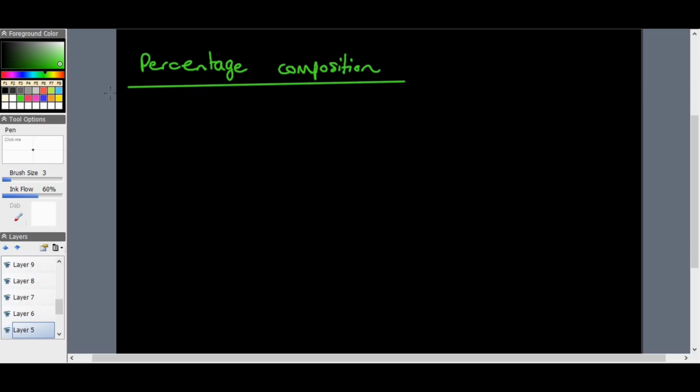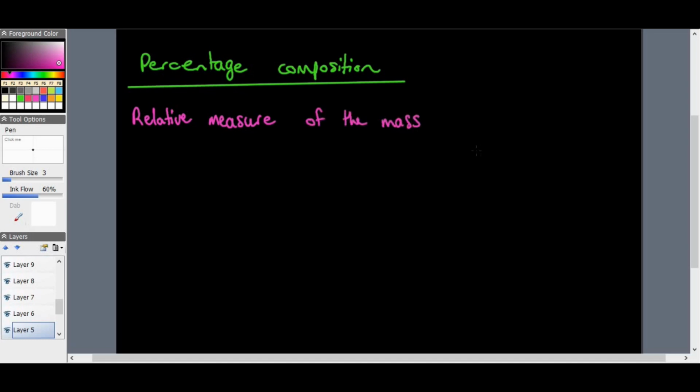In a more scientific way, or explanation maybe just for all the boys watching. Percentage composition of a compound is a relative measure of the mass of each different element present in the compound. My gosh, my handwriting is actually a bit better today.